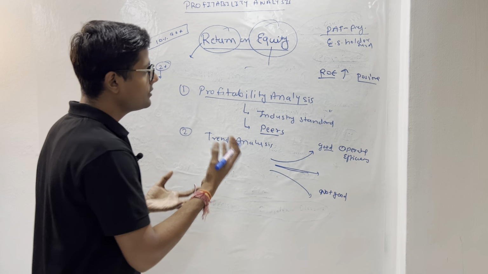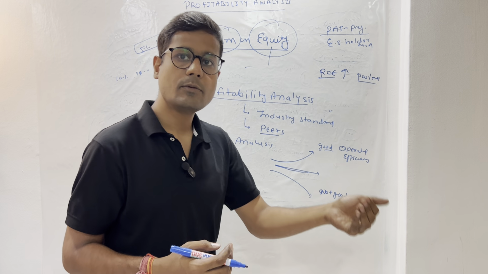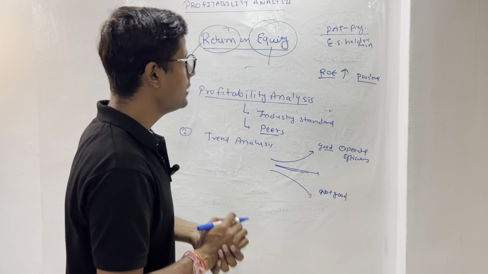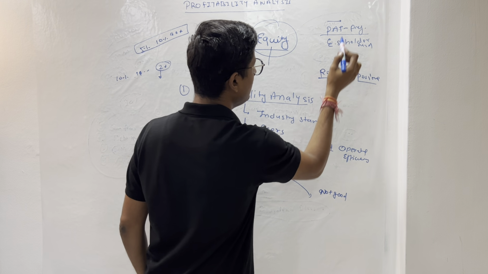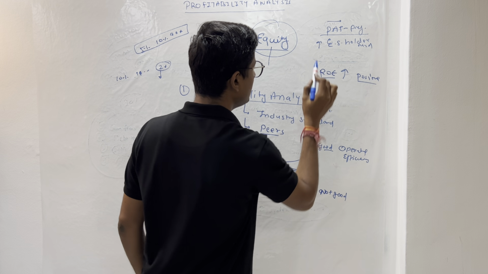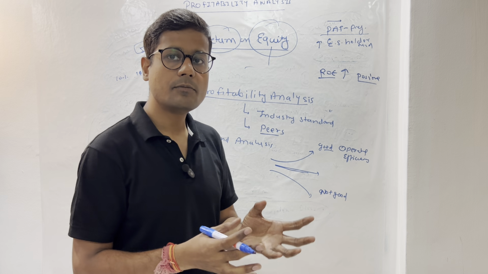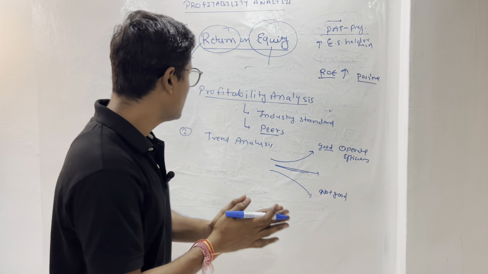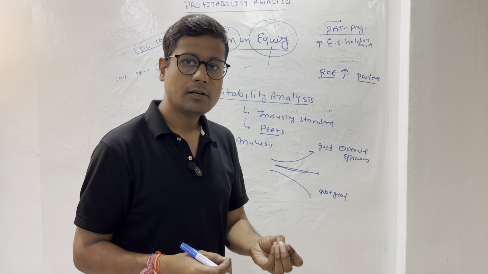Since it is in process, it will take time to generate profitability, so your profit would be constant, but your equity shareholder fund would have increased, so your ROE may have come down for that year.